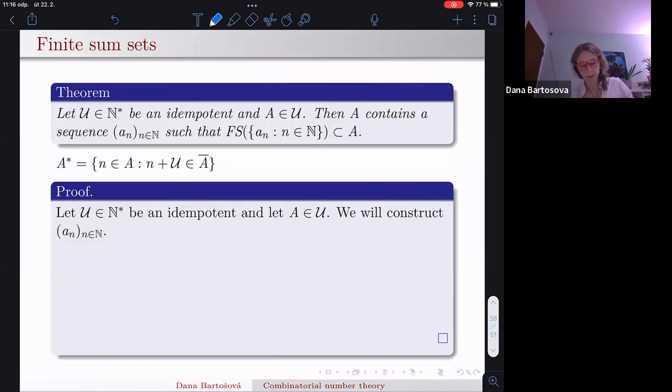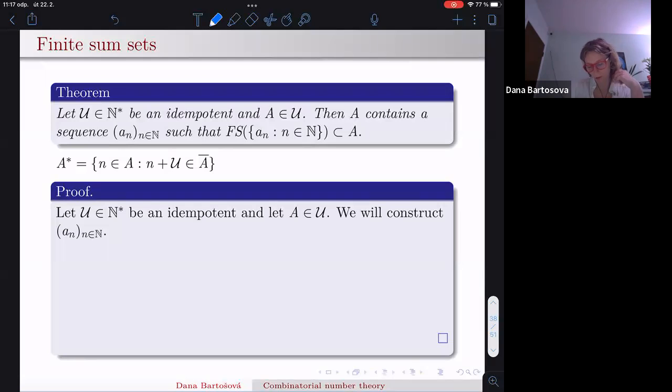So this is what we are proving, that if I have an idempotent non-principal ultrafilter U and I have a set A in the ultrafilter, then this set is going to contain an infinite subset whose all finite sums of distinct elements are in that set.